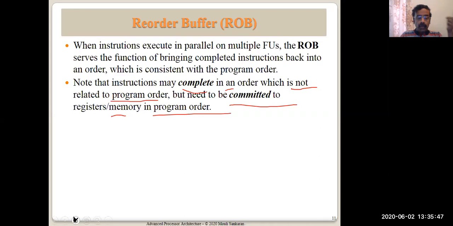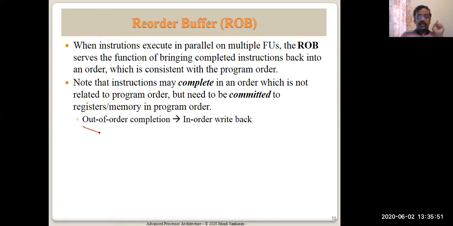So how do I do it? I keep it in the temporary buffer. So this is the out of order completion result. This is the result, but I need to write it in order. This is what I want. This is the outcome from the FU, but this is what my intent is. ROB does this conversion.